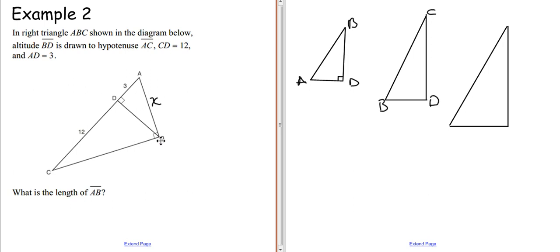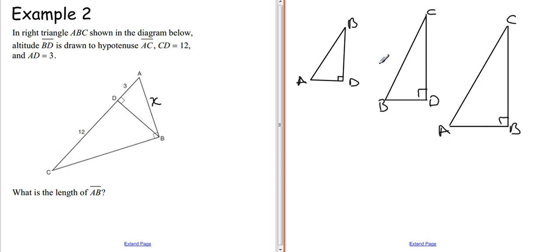Okay, there it is. So I know the right angle is B. The shorter side is AB, and then the longer side is CB.